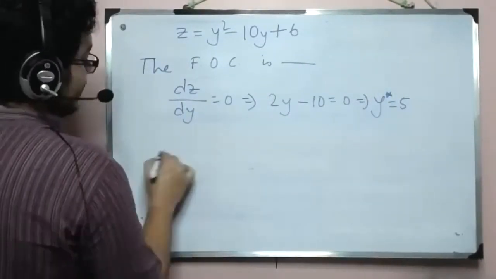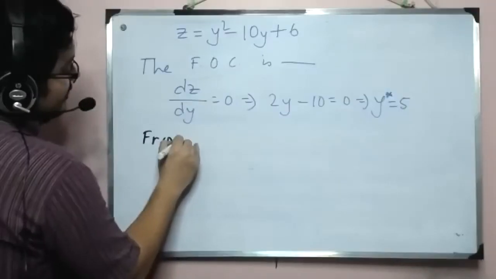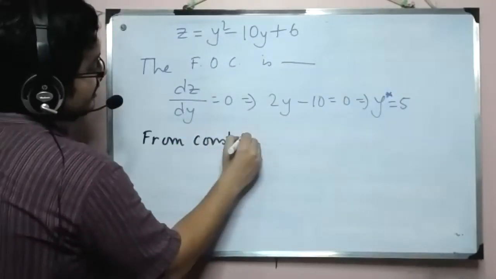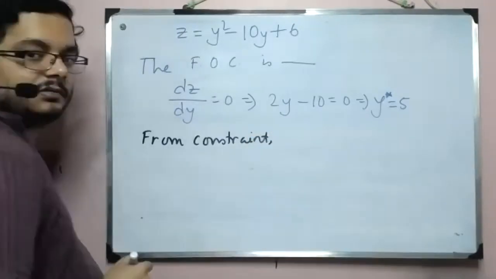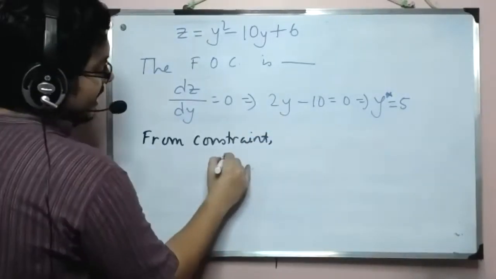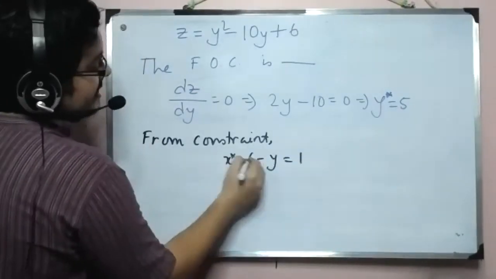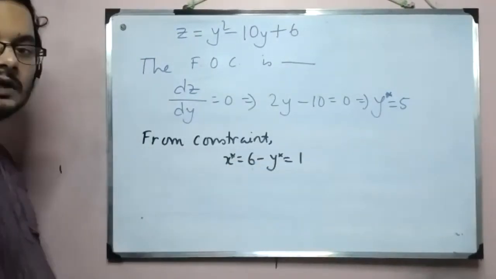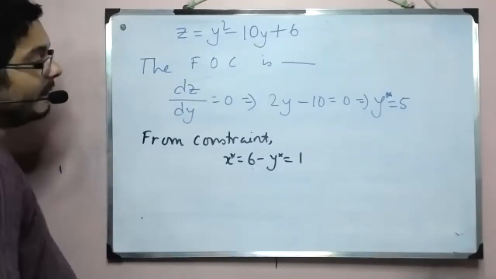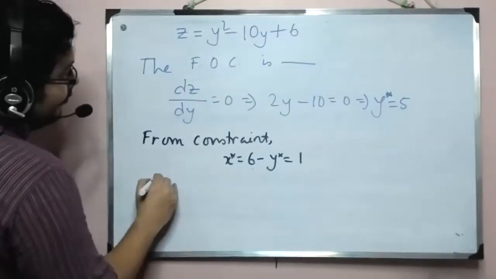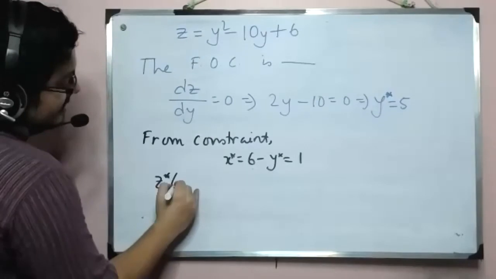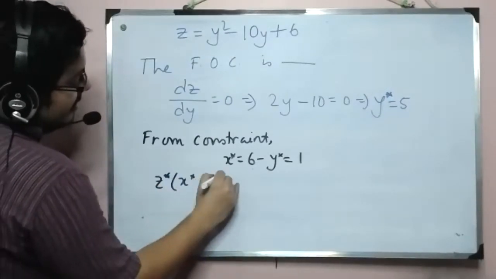And the other is, so from the constraint, what is x? X equals 6 minus y, so that is 1. So x star equals 6 minus y star, and that is 1. So now if I put this in the function z, what will be z star?